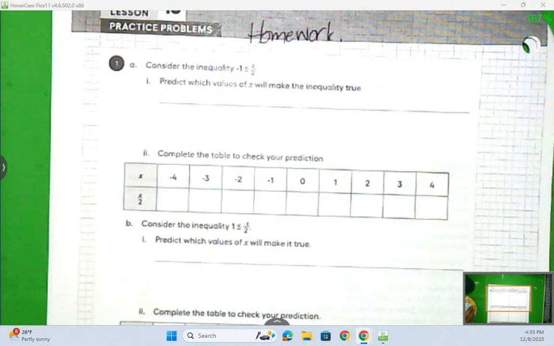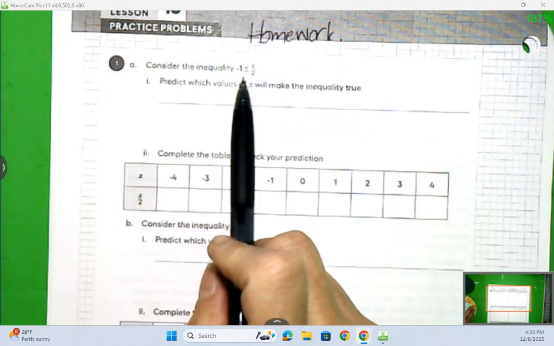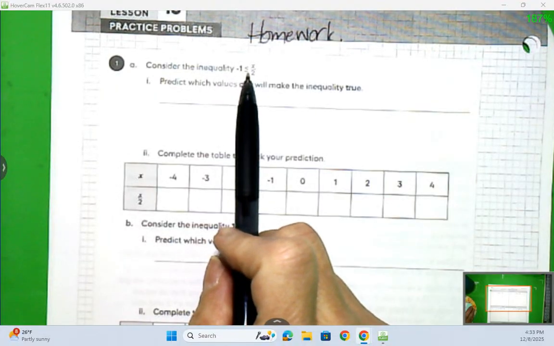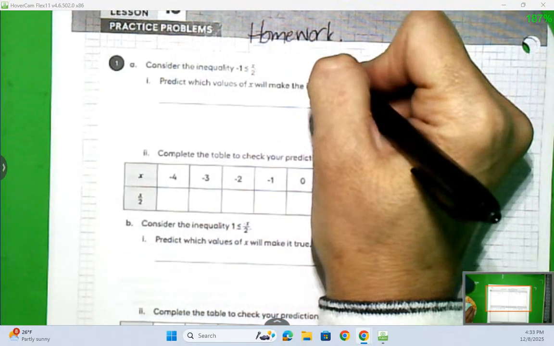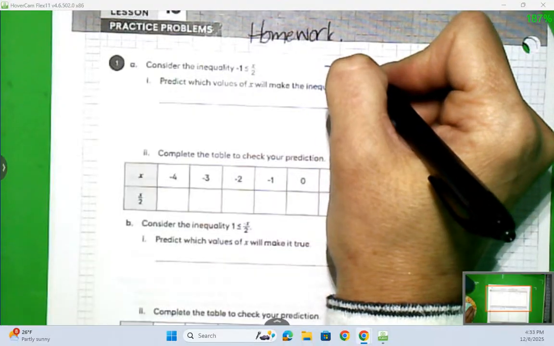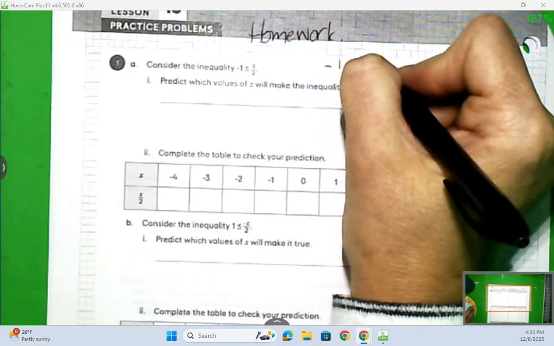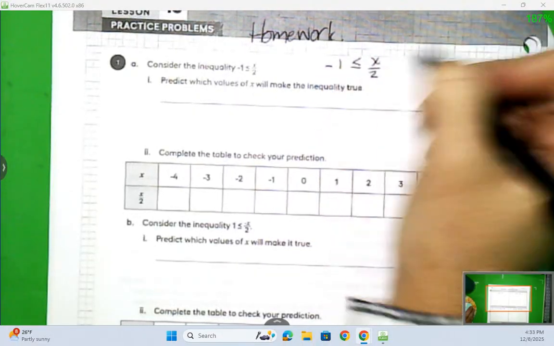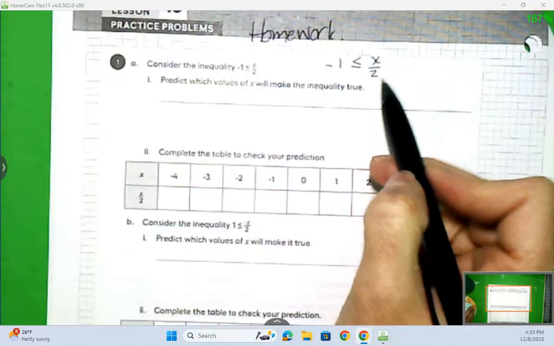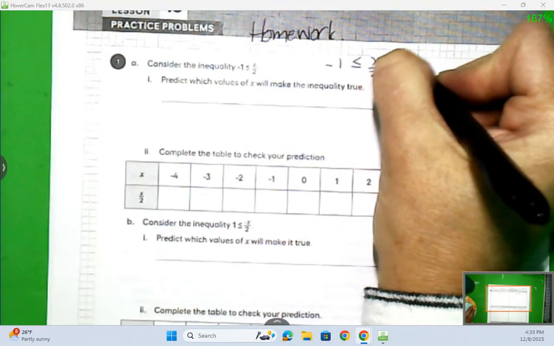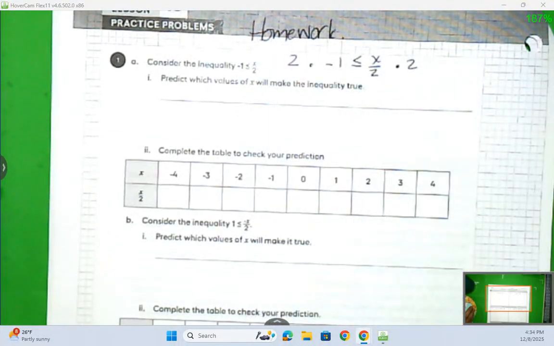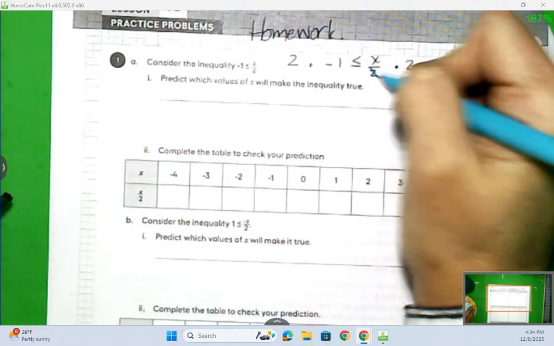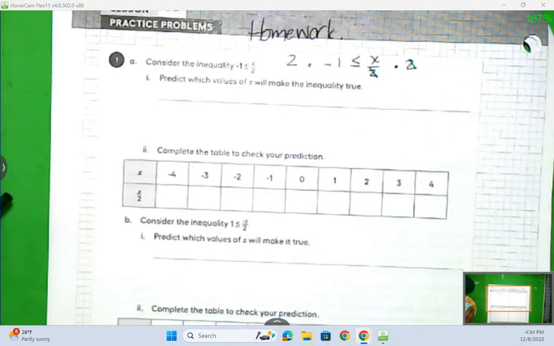So looking at this first homework assignment, it says negative 1 is less than or equal to x divided by 2. Again, if we want to solve for x, the opposite of dividing by 2 is to multiply both sides by 2. And if we multiply both sides by 2, we are going to get x by itself on this side.